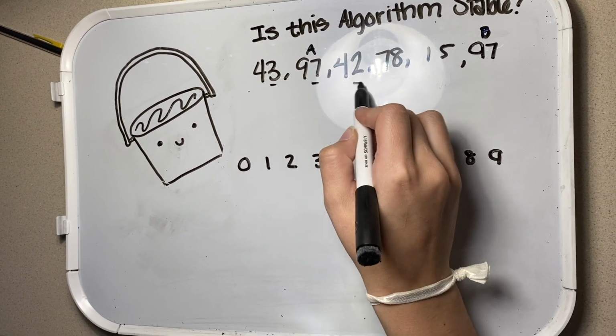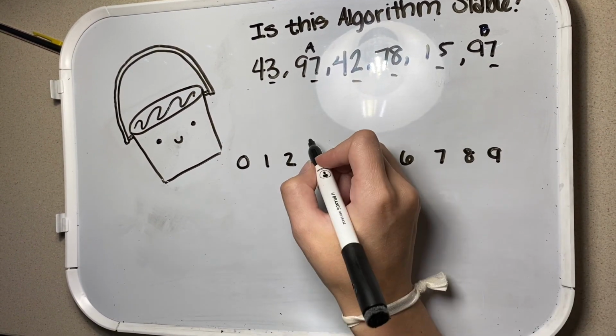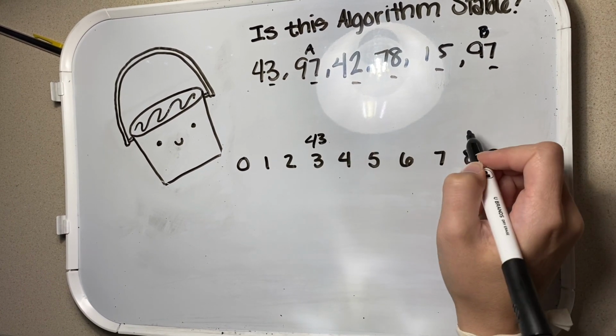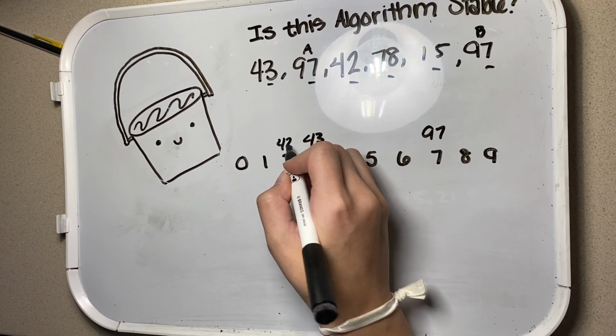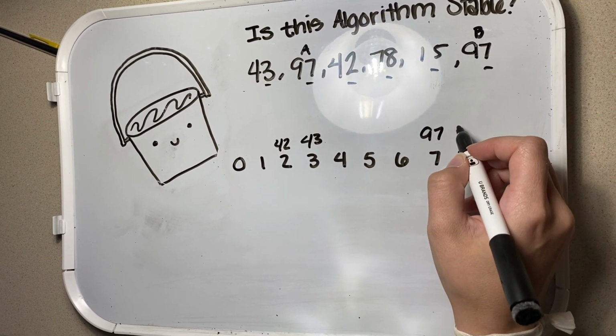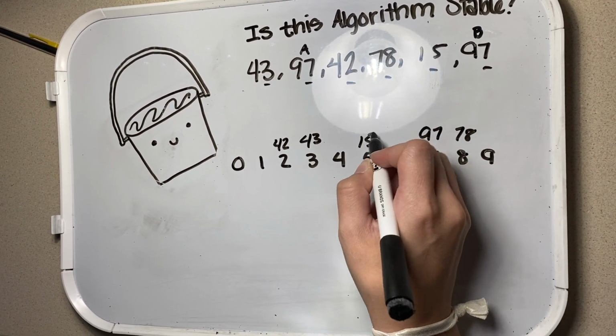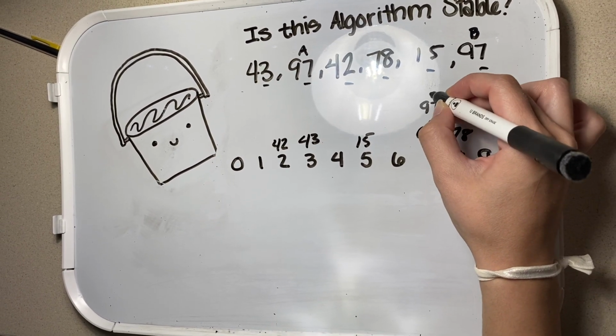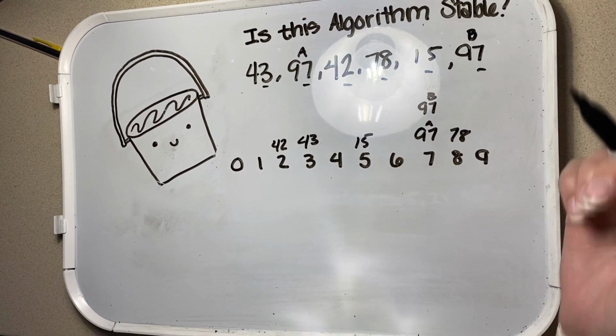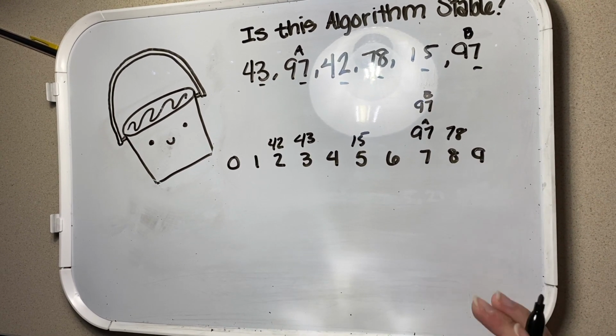So we'll run through our least significant digits. So we have 43, we have 97, 42, 78, 15, and 97. We'll mark that one as A, and that one as B. Noting that we're going up in that order, it's still in the same order.